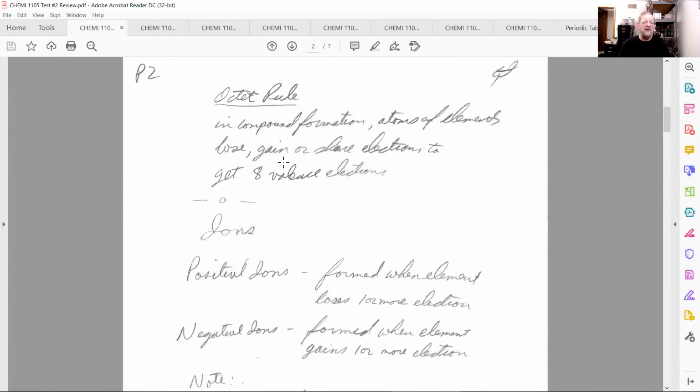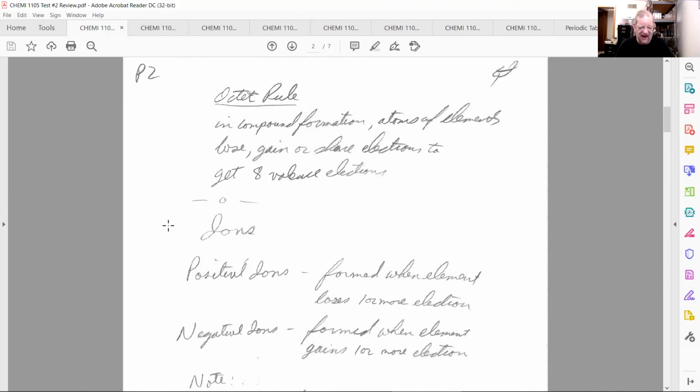Now, chemical bonds are formed because of the octet rule. And the octet rule, which I'll never ask on a test, but you should be familiar because it affects how you do things, is in compound formation, atoms of elements lose, gain, or share electrons to get 8 valence electrons, the same as the nearest noble gas.